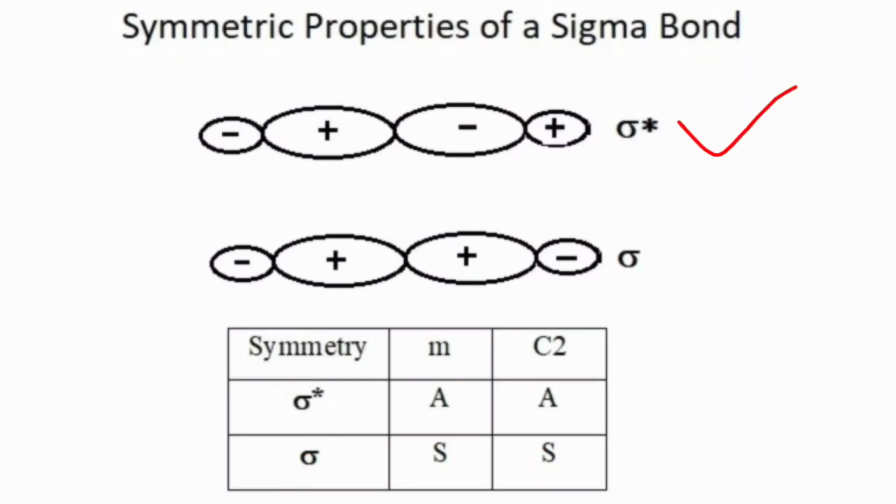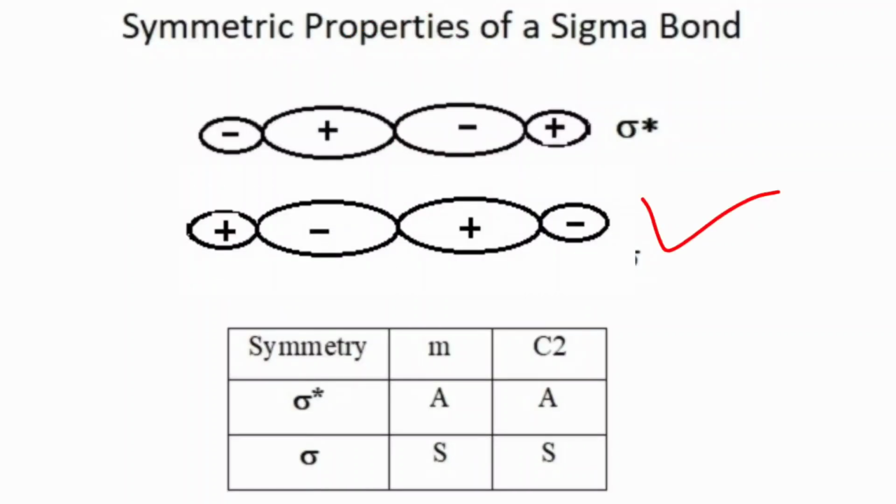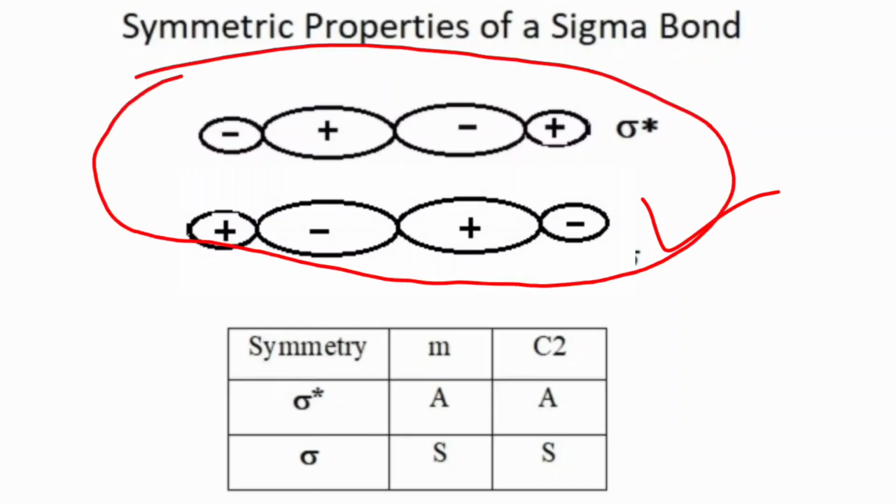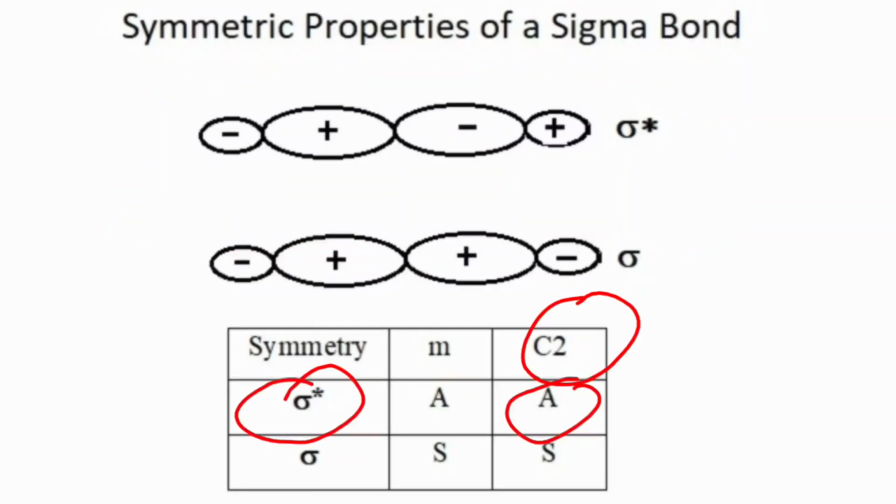Whereas this sigma star orbital, by rotating it by 180 degrees like this, and you just observe again, so it becomes like this. Now these two are not mirror images of each other. That's why this sigma star is asymmetric with respect to the C2 axis of symmetry.